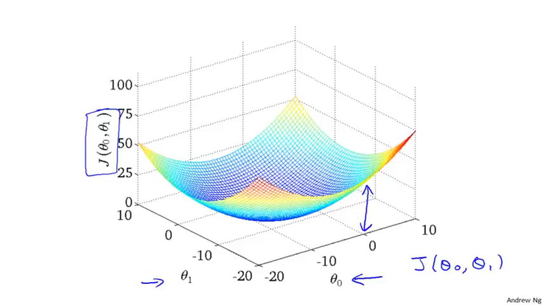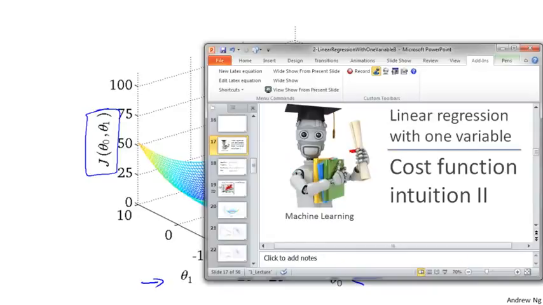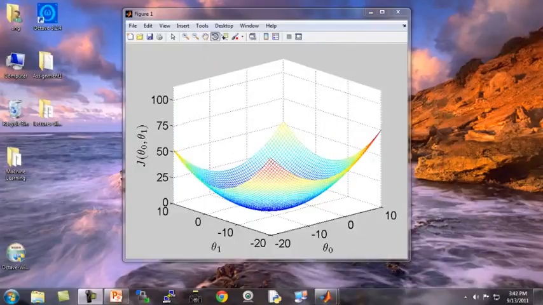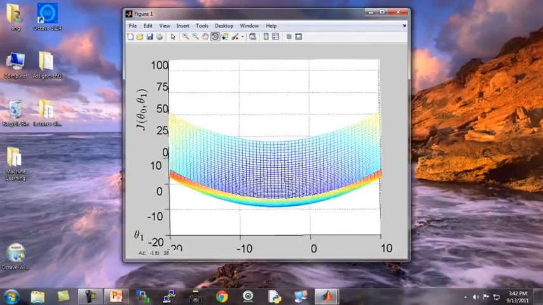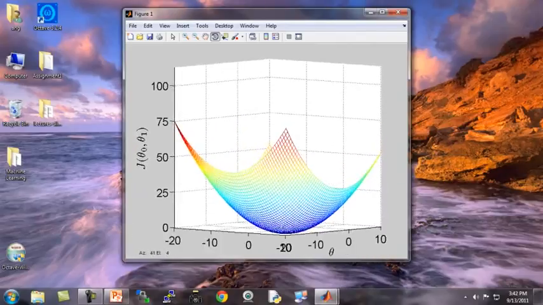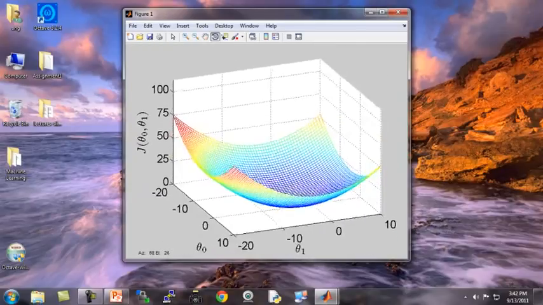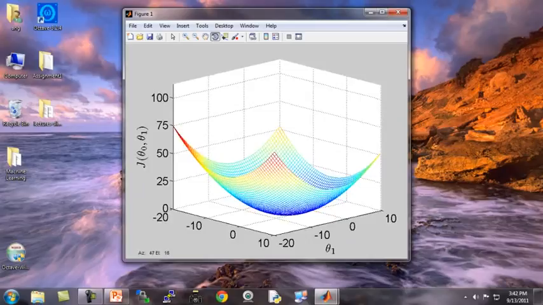Let me show you the same plot in 3D. So here's the same figure in 3D with axes theta 0, theta 1, and vertical axis j of theta 0, theta 1. And if I rotate this plot around, you kind of get a sense, I hope, of this sort of bow-shaped surface. That's what the cost function j looks like.